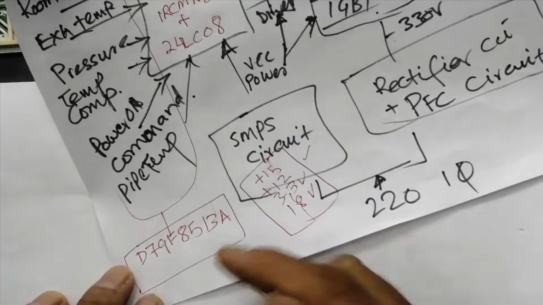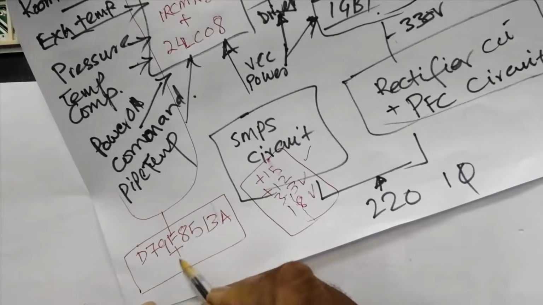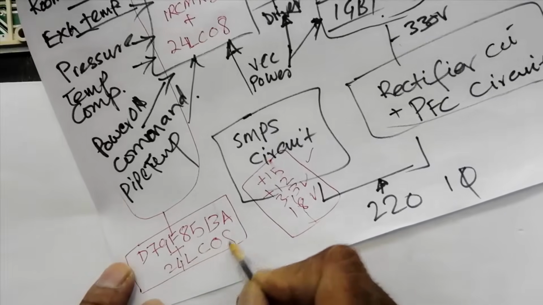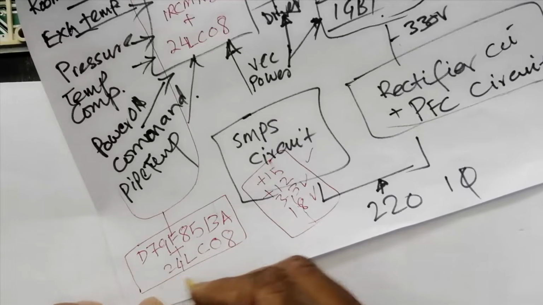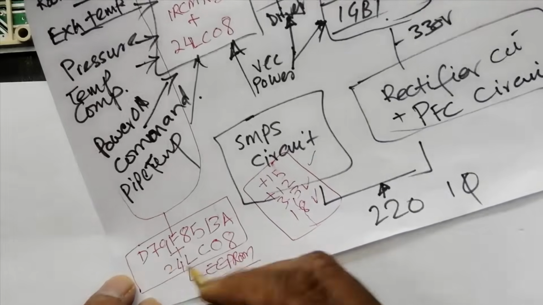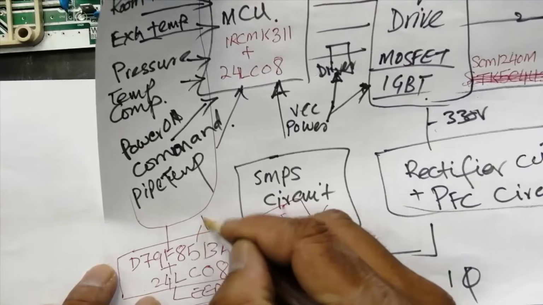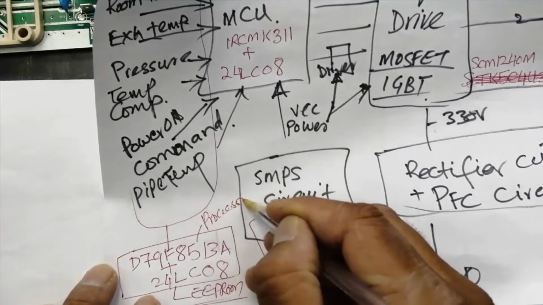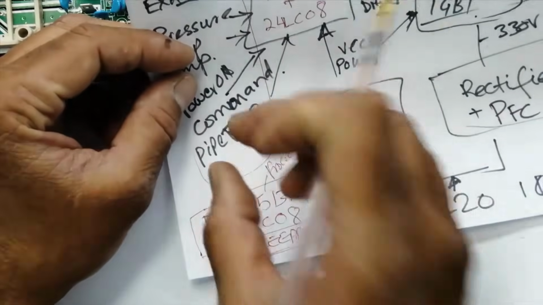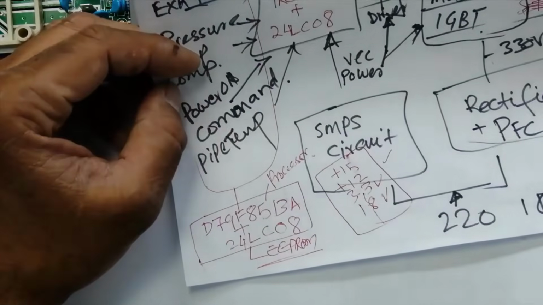and this processor is also using a 24LC08 EEPROM. This is the EEPROM, and this is the processor. This processor will monitor all the requirements and it will control all the functions of this board.